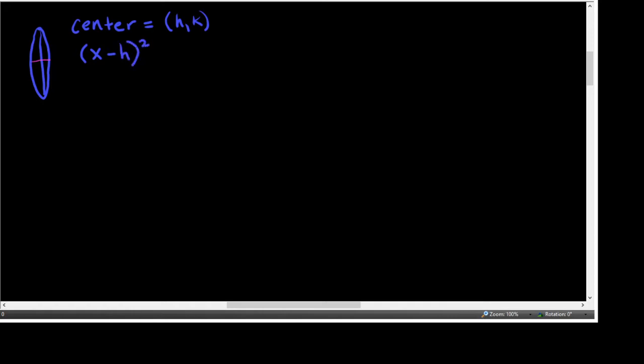X minus h quantity squared divided by r sub x squared, I'll define that in a second, plus the quantity y minus k squared divided by r sub y squared equals 1. The r sub x is what I call the x radius.